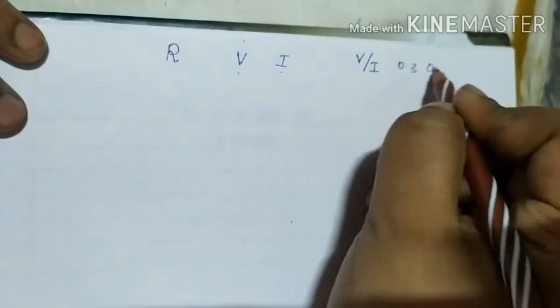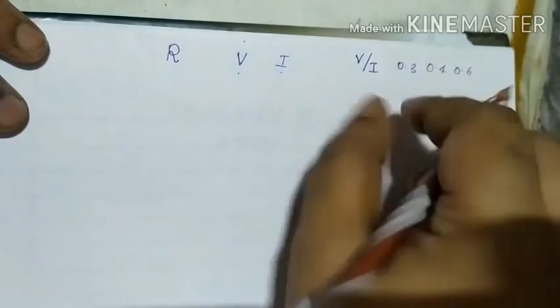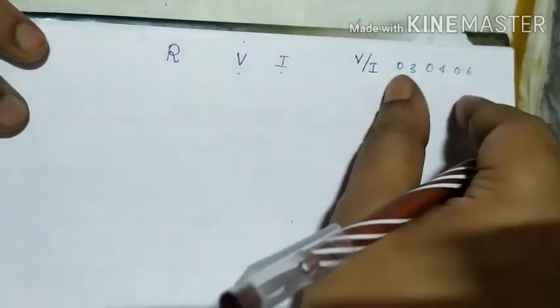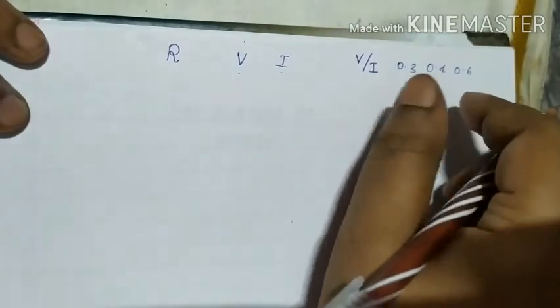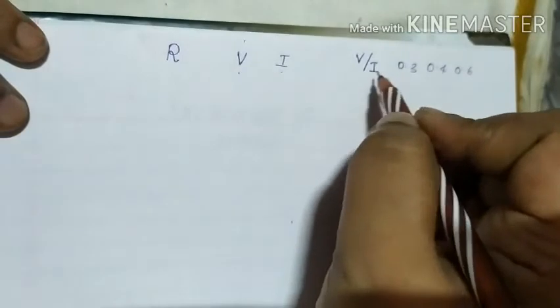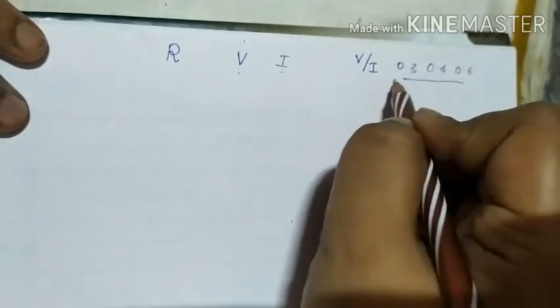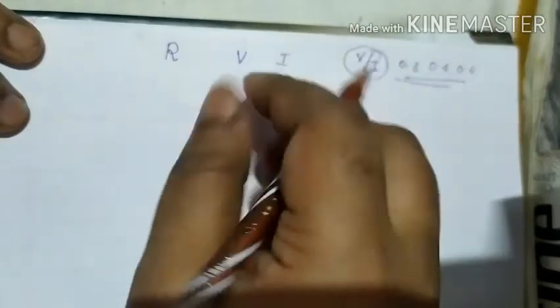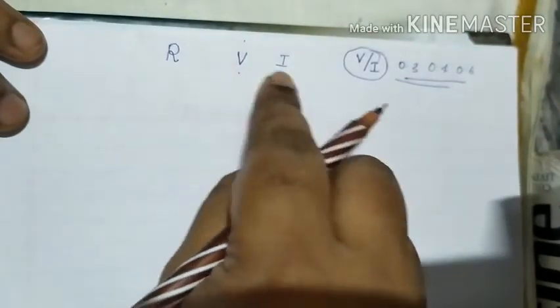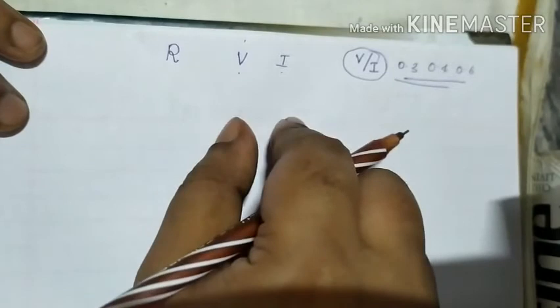Those values might be 0.3, 0.4, 0.6, etc. These values which you have written down in the observation table are known as measured values. The calculation is V by I. The values which you tabled below V and I are your measured values, right?